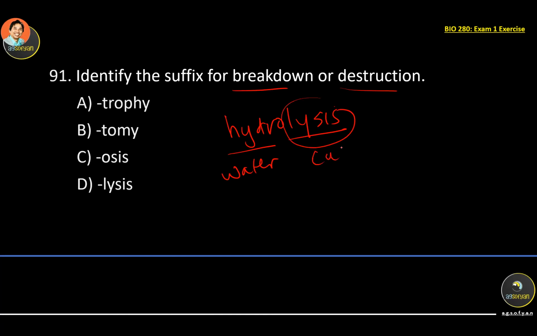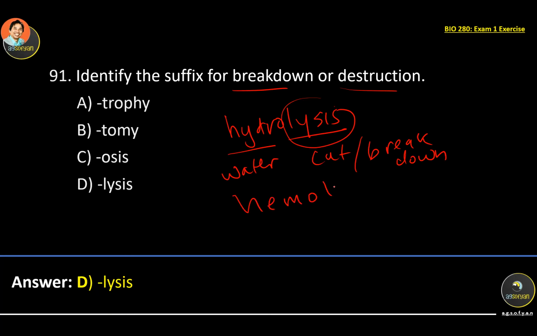So this is cut or breakdown, or destruction, which is lysis. Hemolysis, for example. This is the process of blood cells being broken down. Especially when you put the blood cells in water, it will cause hemolysis. The blood cell becomes destroyed. So this is destruction.